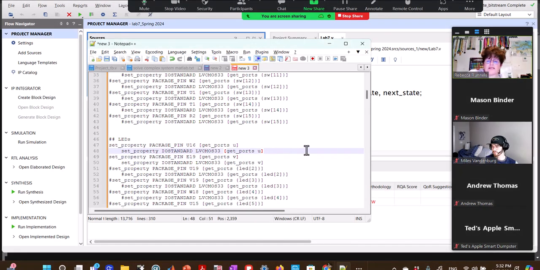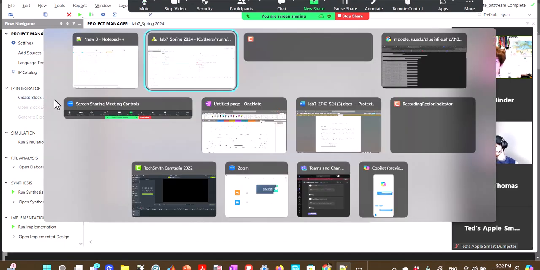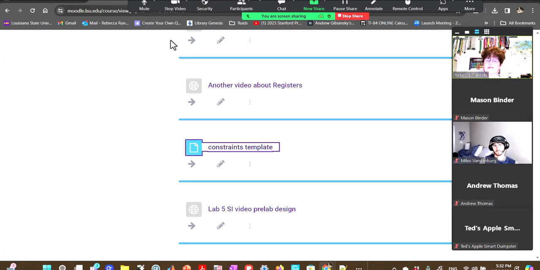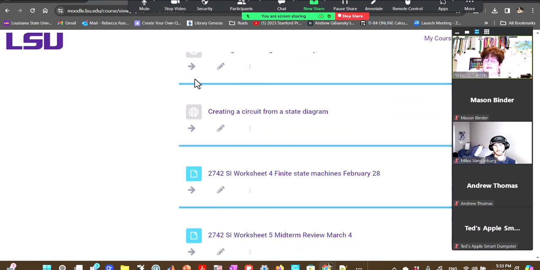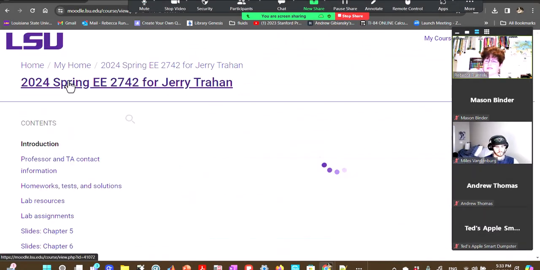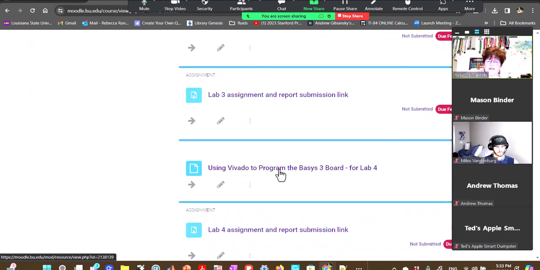And then the last thing you need to do is set up the clock. Now to set up the clock, you need to get to the lab assignments and find the using Vivado to program the Basys 3 board.